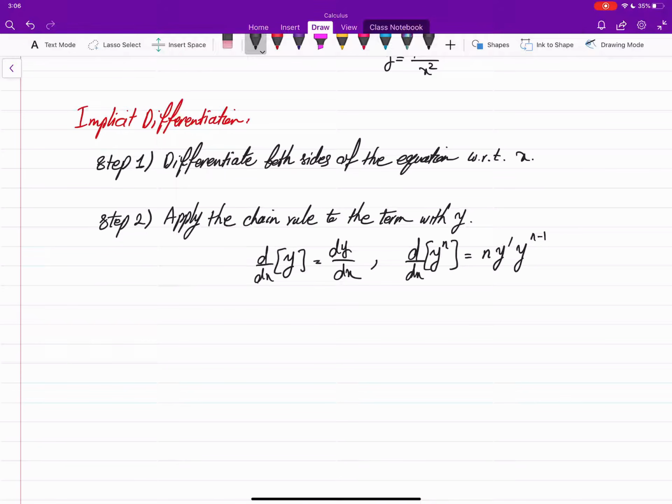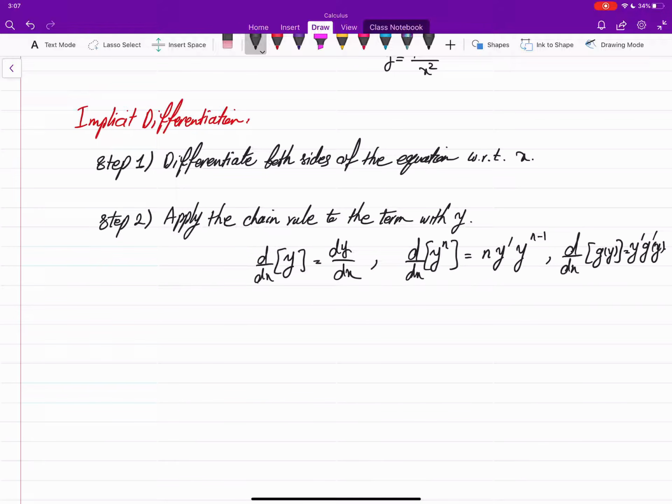So the chain rule you have to apply. In general, d dx of an expression in y, you have to do y prime g prime of y. Okay, so this way then you have everything written, and there will be an equation in dy dx.